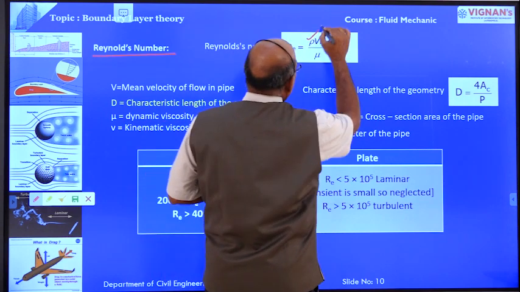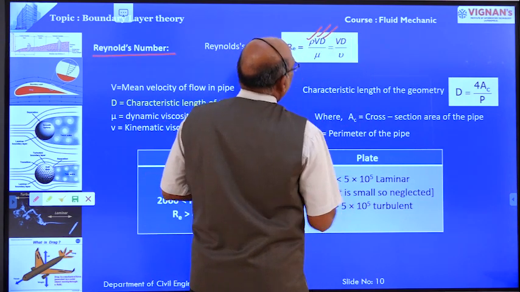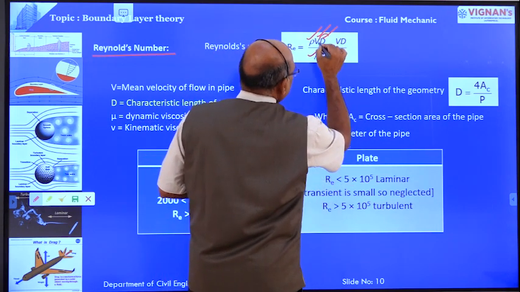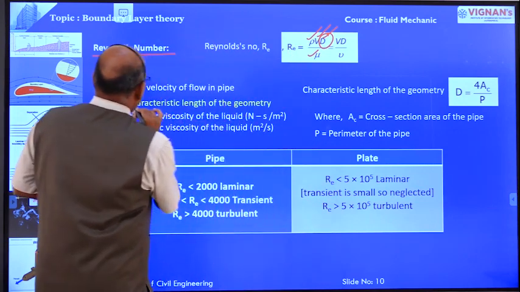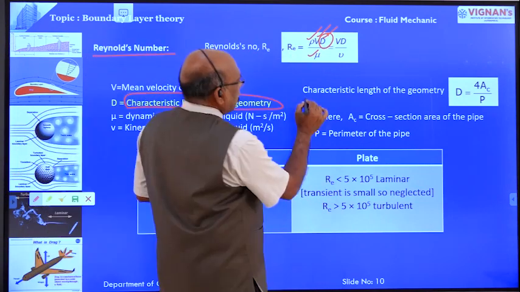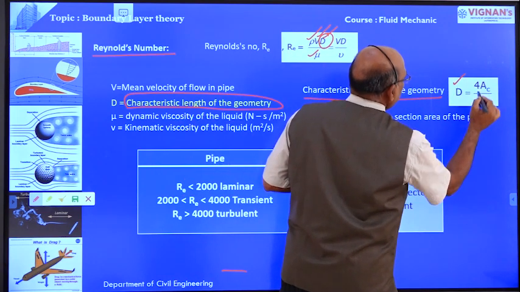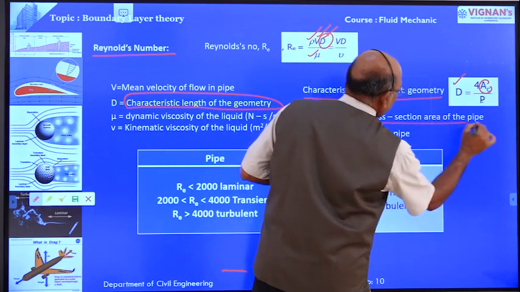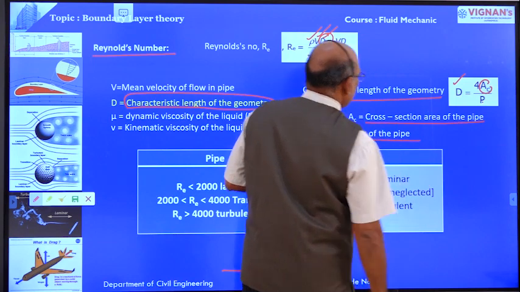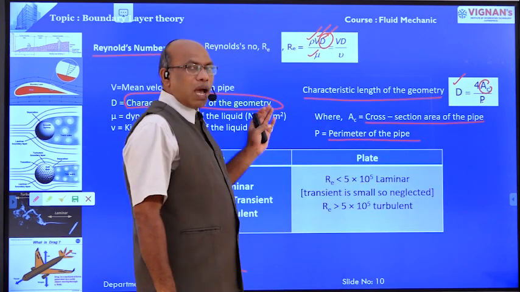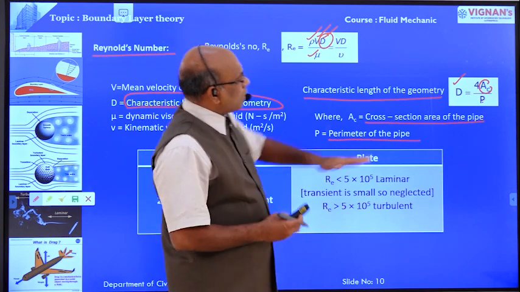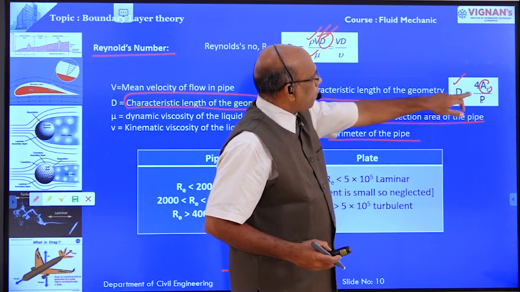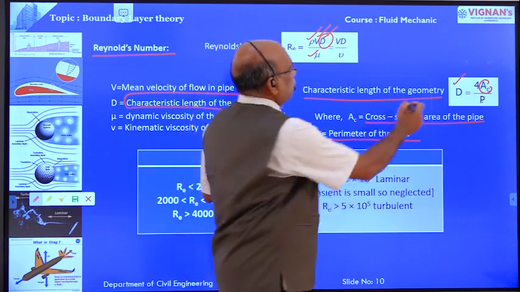Reynolds number is equal to rho v d by mu, where rho is the mass density, v is the velocity of flow, d is the diameter of the pipeline, and mu is the viscosity, as discussed earlier. In some cases this d is the characteristic length of the geometry, determined by 4 Ac divided by P. Ac is the cross-sectional area of the pipe and P is the perimeter of the pipe. If the diameter of the pipeline is not given directly, then we use this formula, 4 into Ac divided by P. Then we have D. Right?